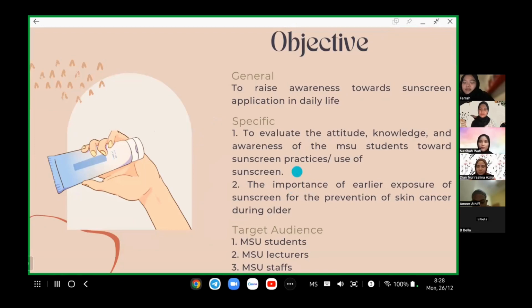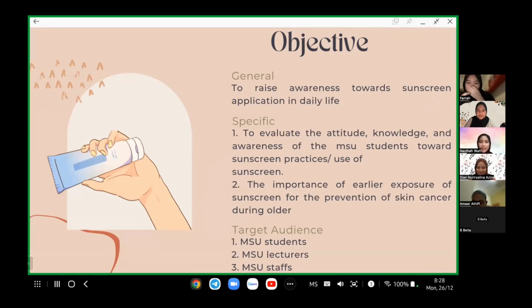So right now, I'm going to present about our awareness campaign, which is awareness on sunscreen usage. Basically, we chose this topic as our main campaign for our group.